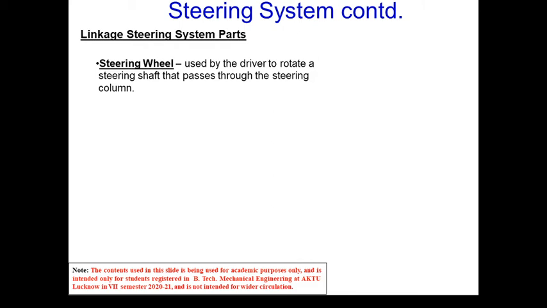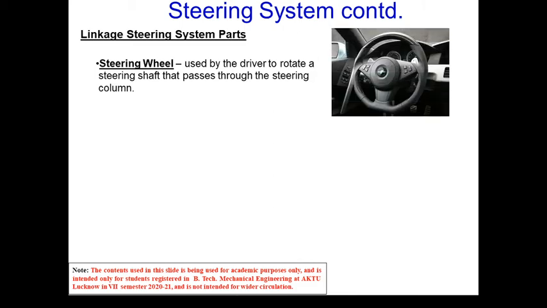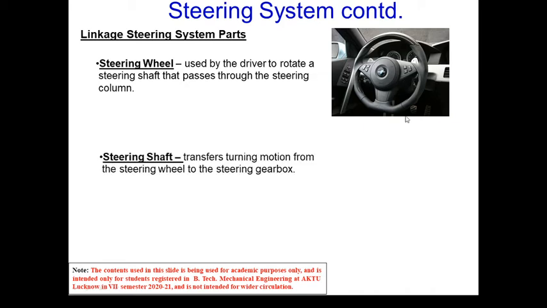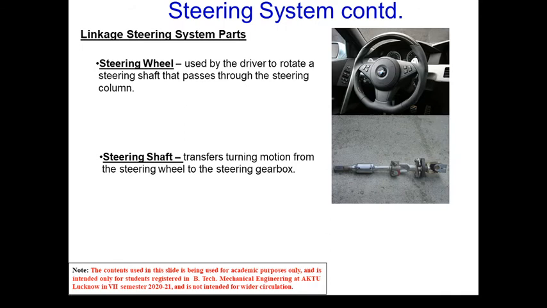The linkage steering system parts consist of a steering wheel, that is the wheel being turned by the driver to rotate the steering shaft that is fitted just below this. You can see the steering shaft fitted inside the dashboard part of the car.